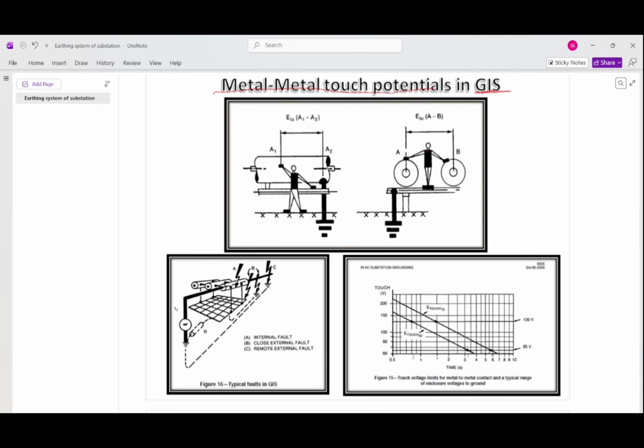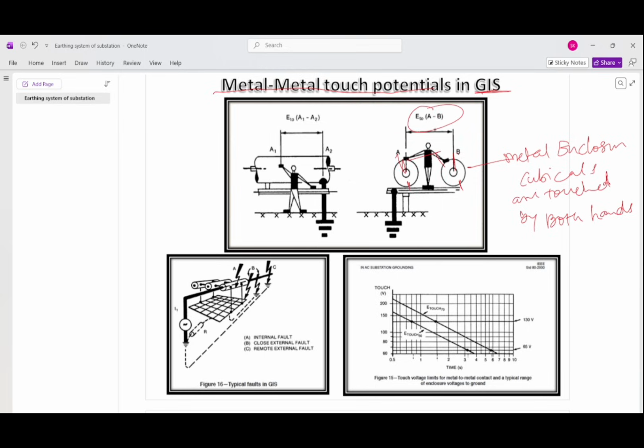In case we touch the two cubicle metal enclosures by both hands, in this case there is a touch potential across these two.